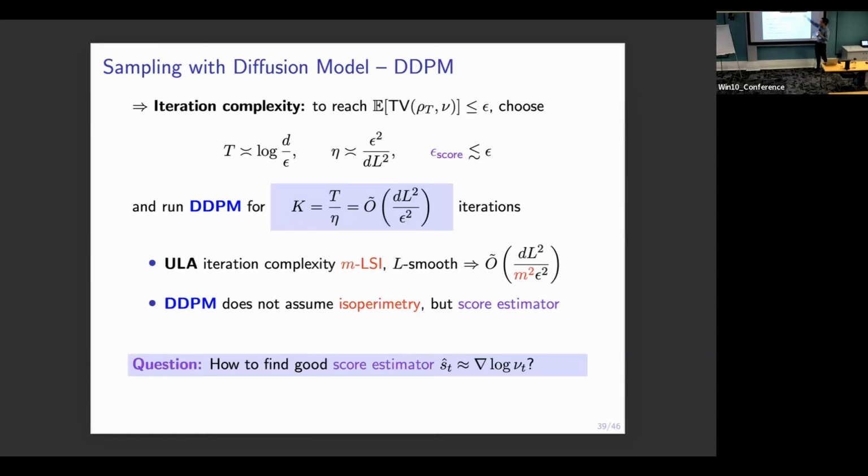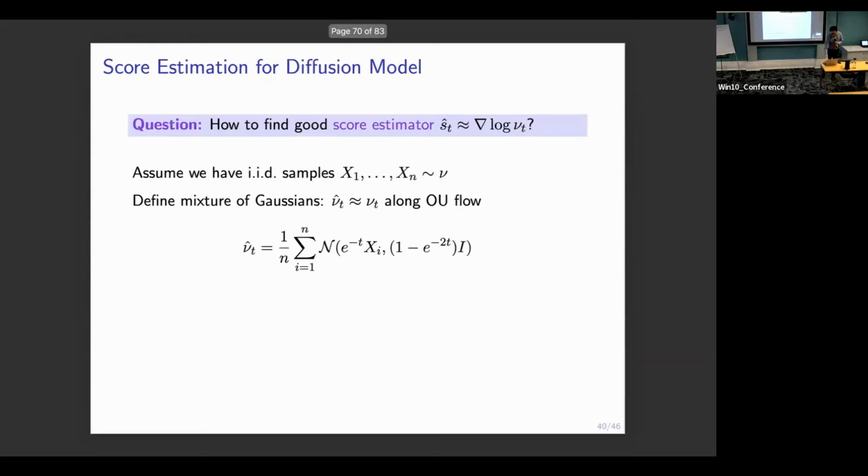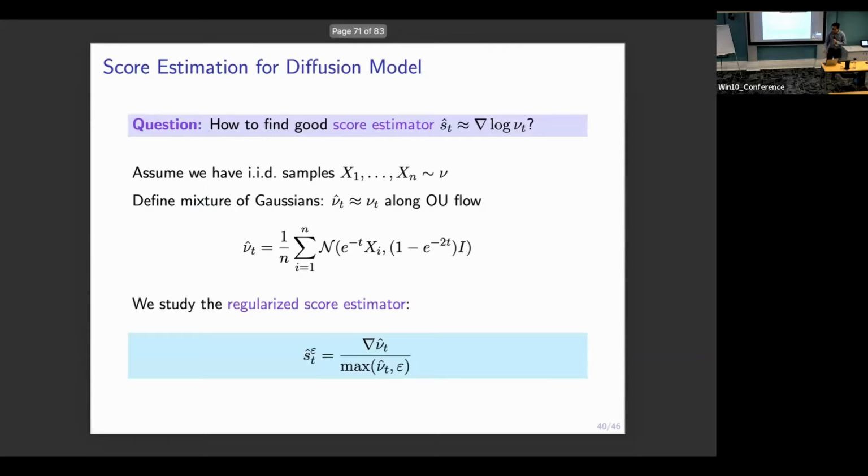So the remaining question for this diffusion model framework is, how do we find a good score estimator with this guarantee, and how many samples do we need? Let's just apply our previous result. Now assume that we have samples from the original target, which is mu at time 0.